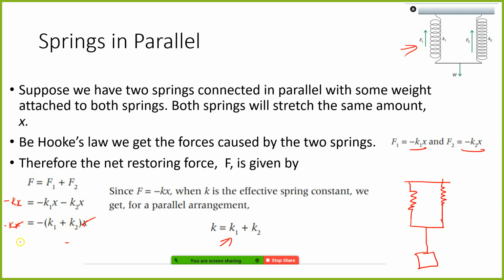We're left with the minus K on this side and the minus K1 plus K2, but this minus can cancel out, leaving us with K, which is the total spring constant, equal to K1 plus K2. So that's pretty much how they derive this when the springs are in parallel.